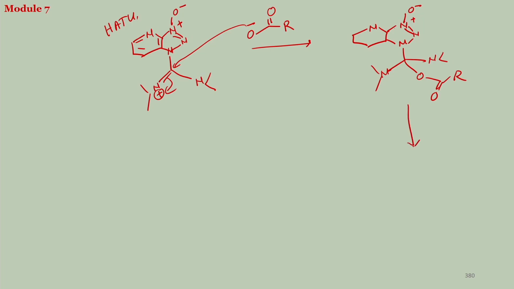Now, once this is formed, there is another factor that this is electropositive, this nitrogen is positively charged. So, this will drag the electron density towards it. This forces this bond to be cleaved. So, what do you form? You form this.